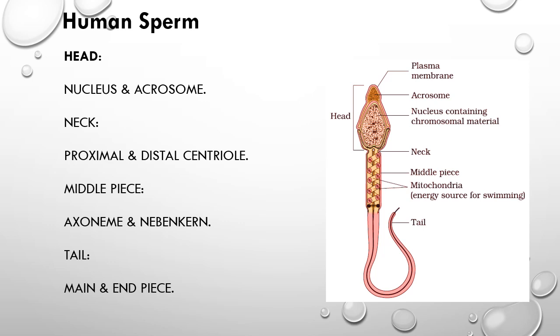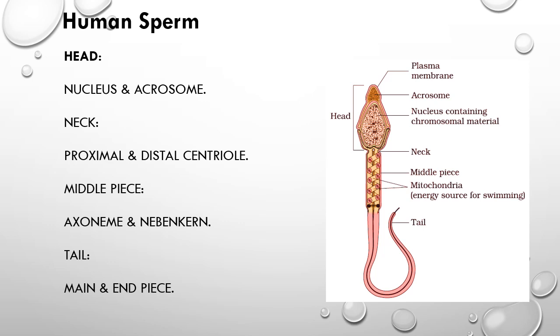The main piece is the region of the tail where the protoplasmic sheet is present, and the end piece is the region in the tail where the protoplasmic sheet is absent. So the tail consists of two important parts, namely the main piece and the end piece.